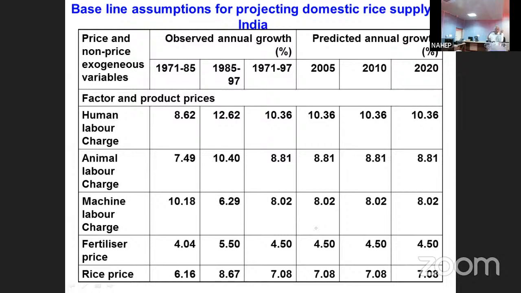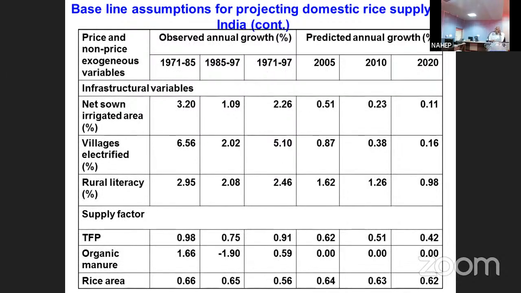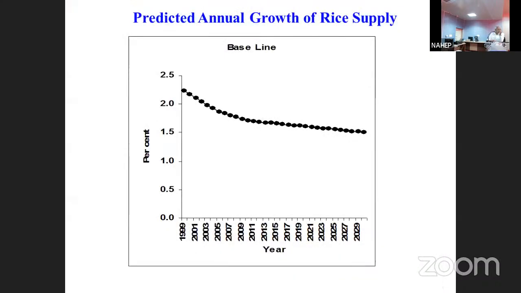This study was done in 1995. And then machine labor and fertilizer. So if you multiply these two, infrastructure and so on, we get the growth. Once we get the growth, we can predict the supply.